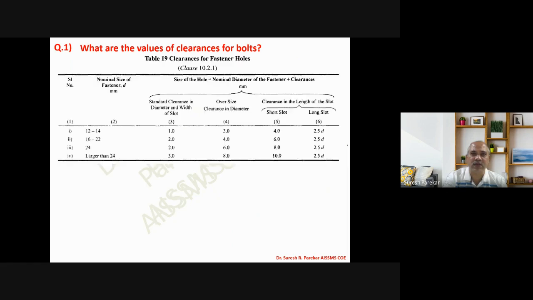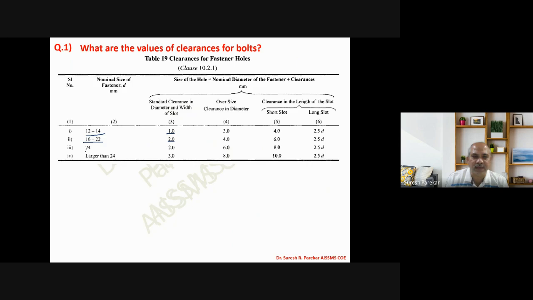So what are the values of the clearances of the bolt? Now you can see over here. This is standard clearances, so we are mainly interested with standard clearances. For 12 to 14 we have to increase hole by 1 millimeter, means we have 13, and if we have bolt 14 then we have 15. 16 to 20 standard clearance we have 2 millimeter.